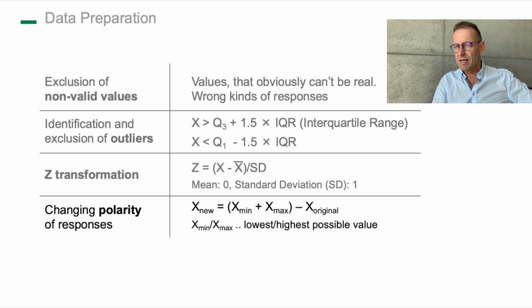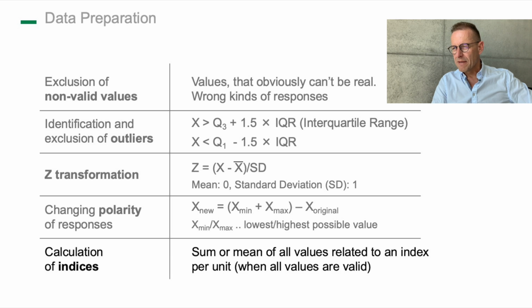And sometimes you want to calculate an index. An index is an overall total score. When you have multiple items, multiple questions that you sum up to an overall score, as you would do for any kind of test, for instance. We were talking about this when we were talking about testing. If you don't remember, go back to this particular episode.